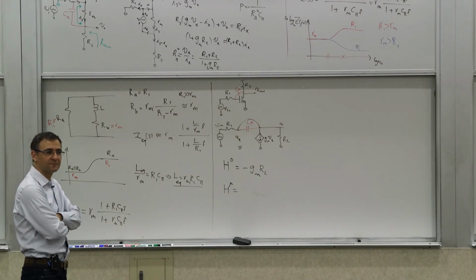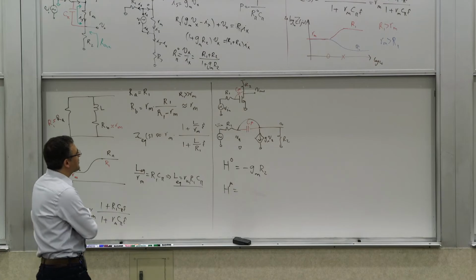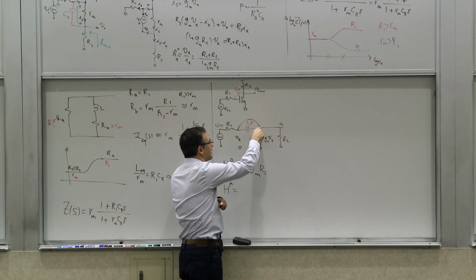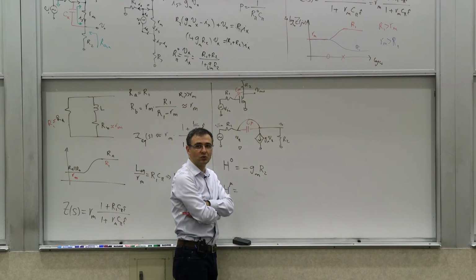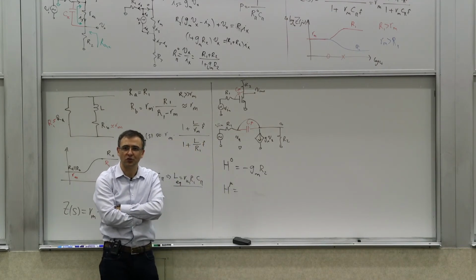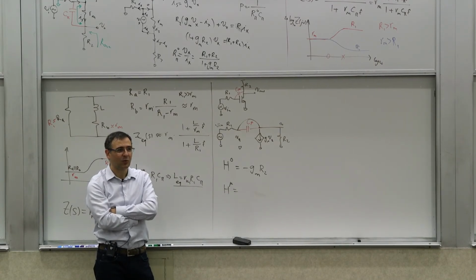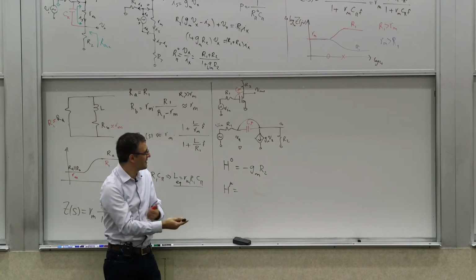What do you see? If I have short-circuited these two, you have a current source whose current is proportional to its own voltage. That element has another name: a resistor, right? What is the resistance of that resistor? Rm.